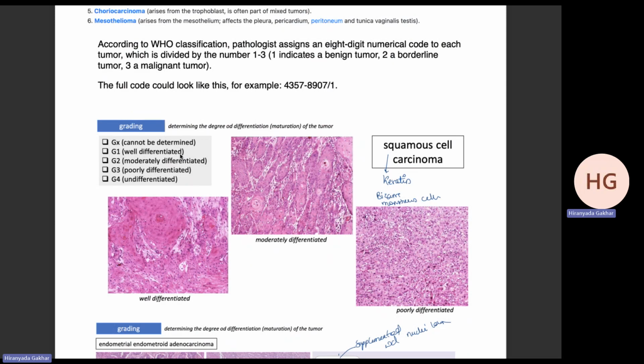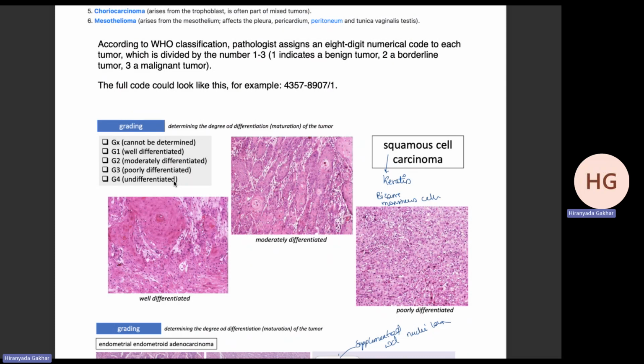What do I mean by well differentiated? Such a tumor will resemble the tissue where it's growing. So, if it's an epithelial tumor, then a well differentiated epithelial tumor will look similar to the epithelial tissue. G2 is moderately differentiated, G3 is poorly differentiated, and G4 is undifferentiated.